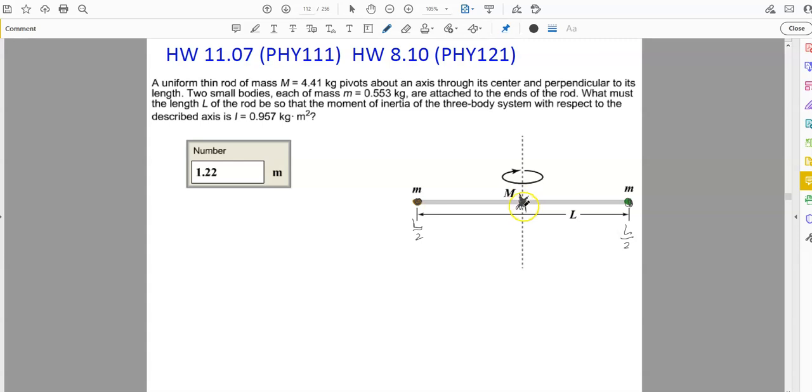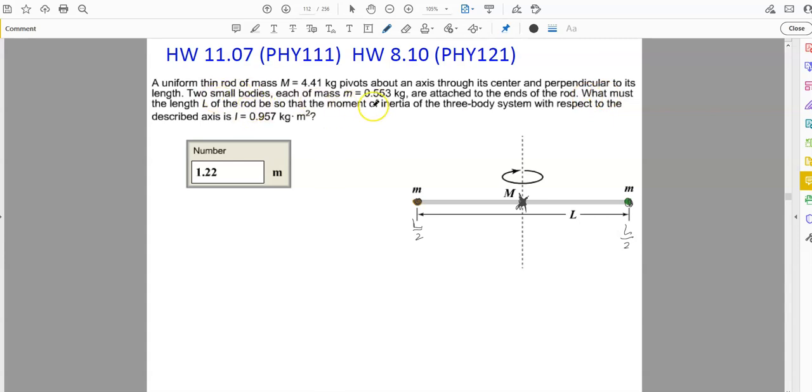So that means if the center is here, the green m is L over 2, and the orangey m is L over 2 away from the center. So the total length is L. They're attached at the ends.